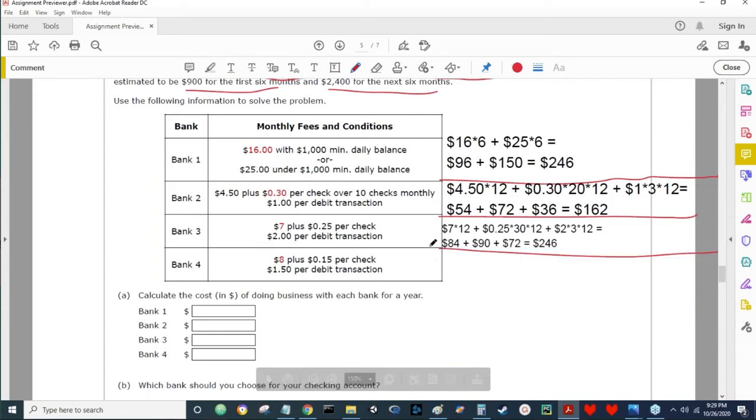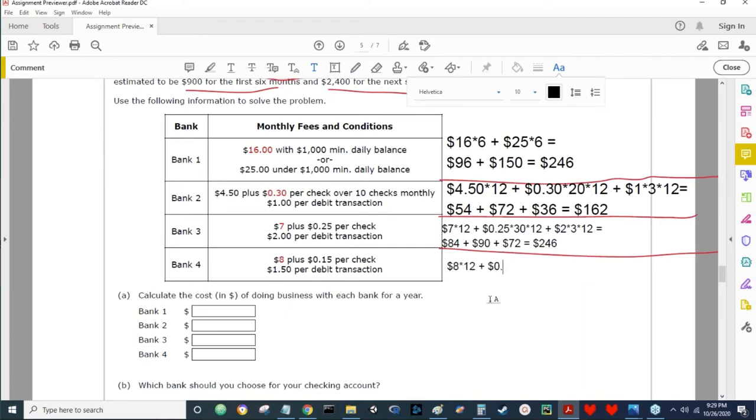And Bank 4 is calculated the exact same way as Bank 3, just with different numbers. So with Bank 4, we get charged $8 per month, plus 15 cents for each of those 30 checks that we write a month. So that converts it to years when we multiply by 12. And we got $1.50 for each of those 3 debit transactions, 12 months.